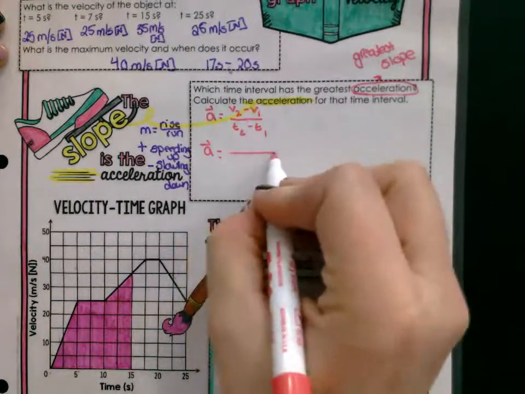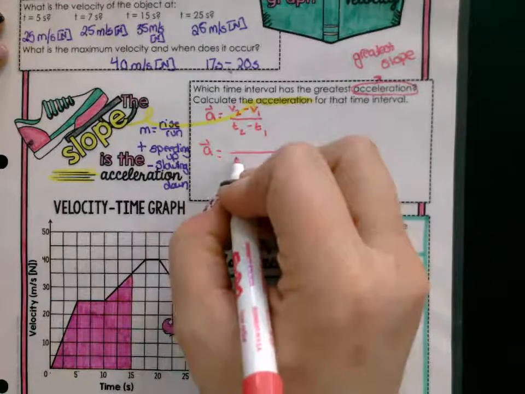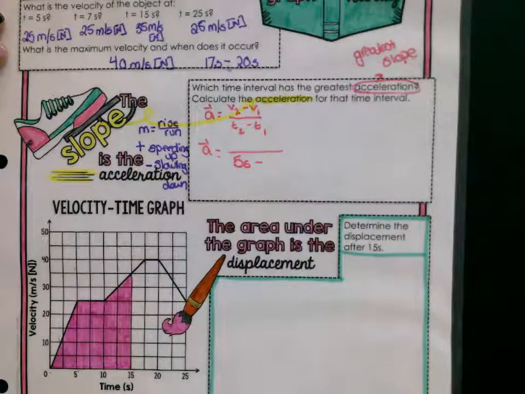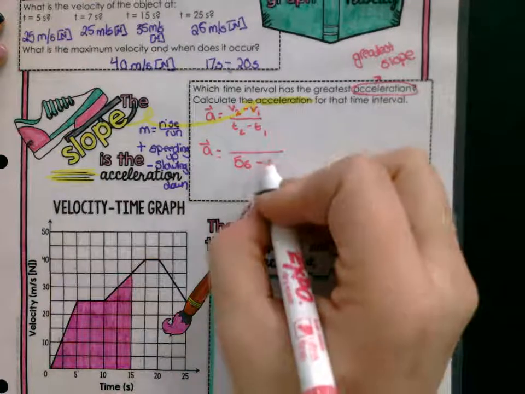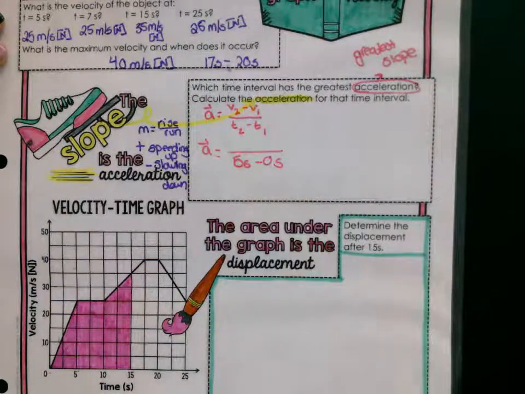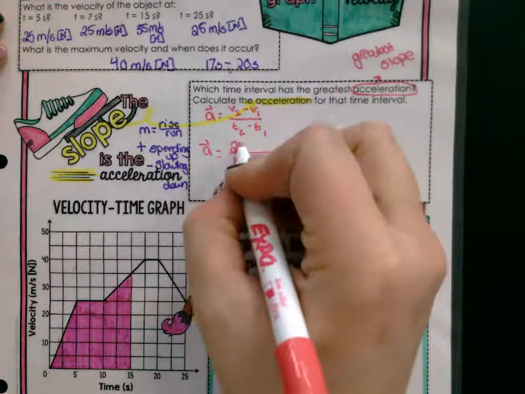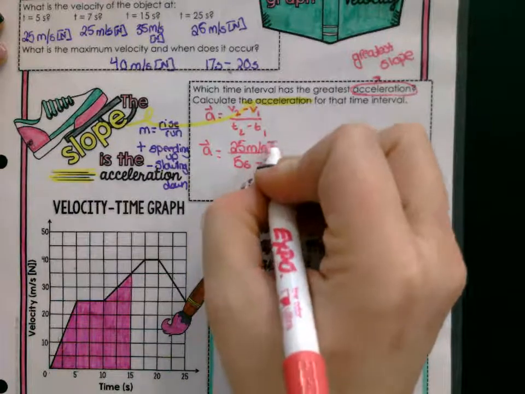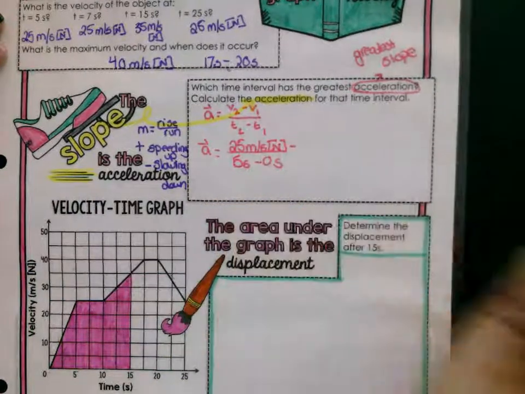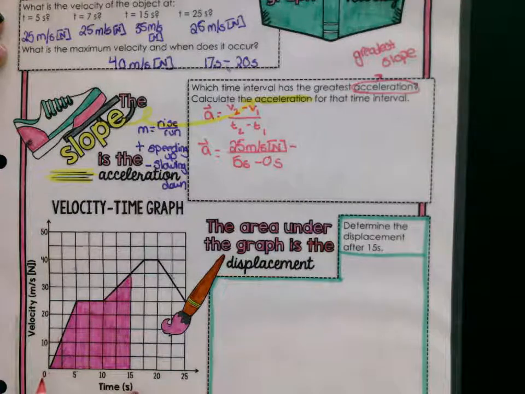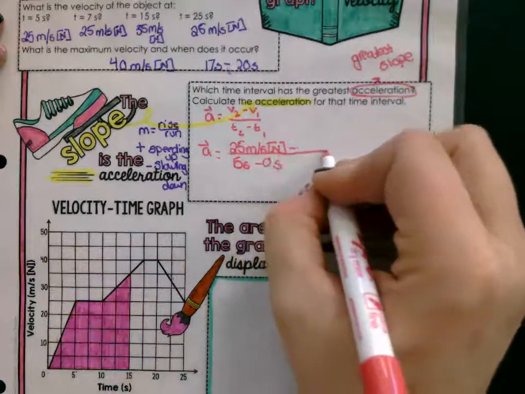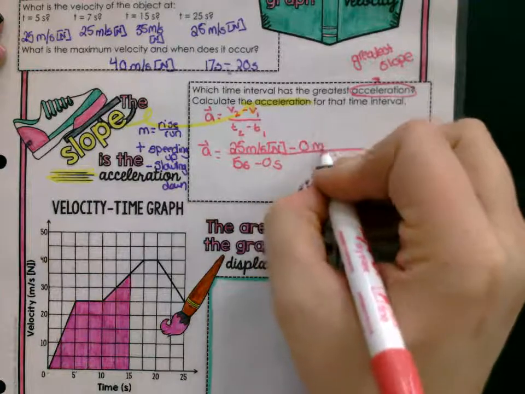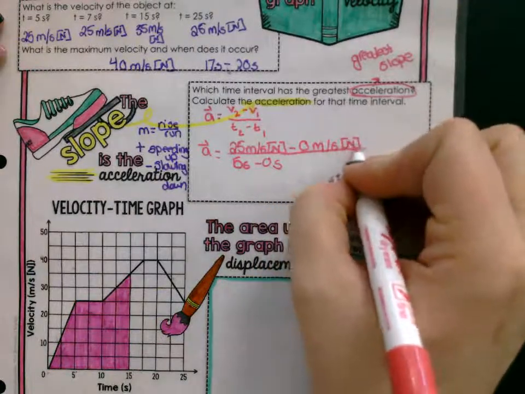So I know my final time is 5 seconds. My initial time was 0 seconds. At 5 seconds, our velocity was 25 meters per second north. At 0 seconds, our velocity was 0 meters per second north.